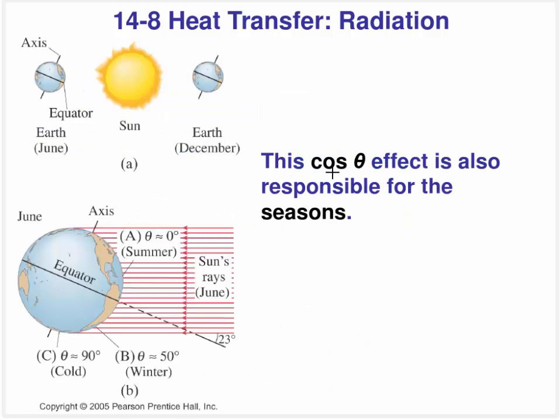This cosine theta is going to be responsible for the seasons. Contrary to popular belief, the Earth is not closer to the sun in June than it is in December. It's actually almost a perfectly circular orbit. What it comes from is this tilt, this 22-degree tilt that we have. In June, for the northern hemisphere, we could say the angle is going to be small, close to zero.